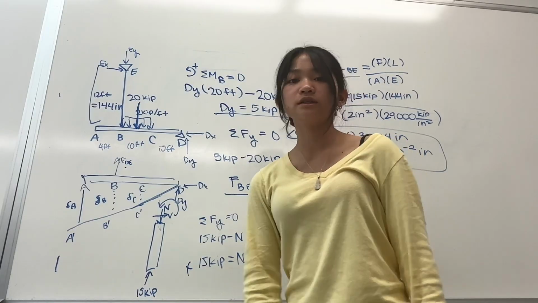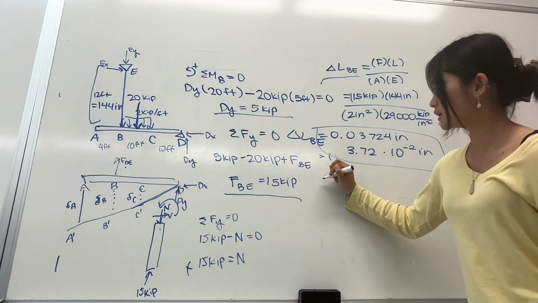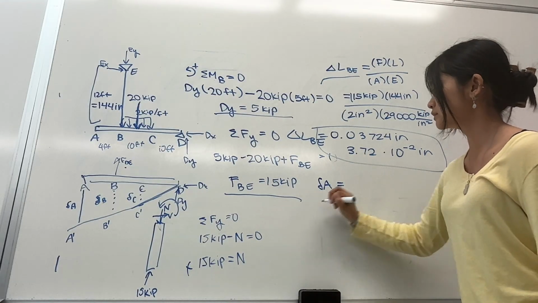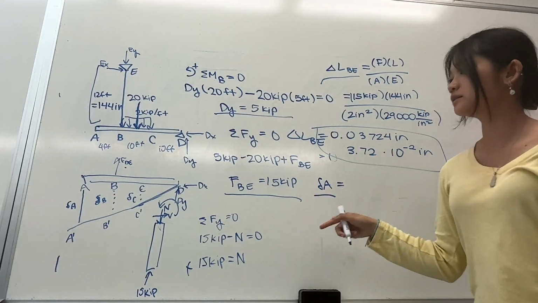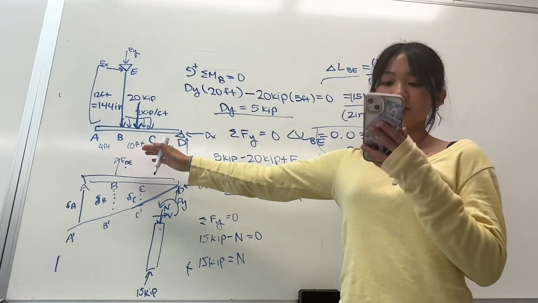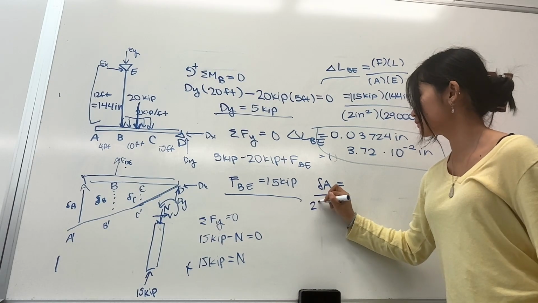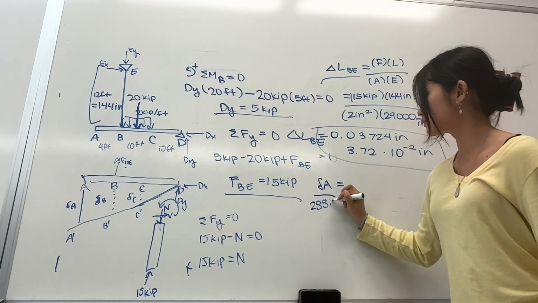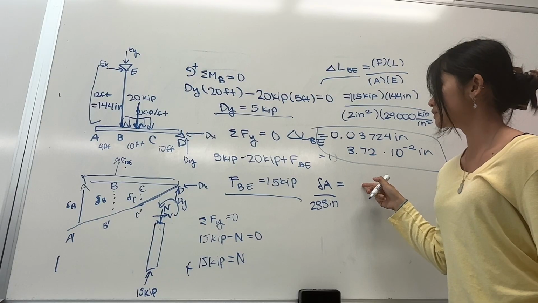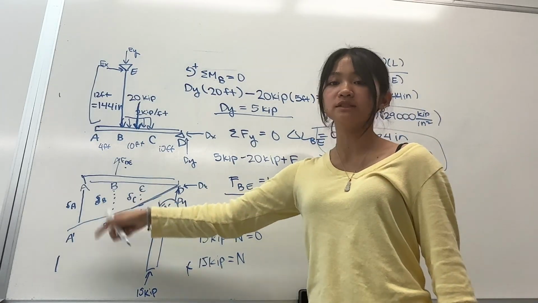So using our triangle method, we could say displacement of A over this length, which if we convert it to inches is 288 inches, is equal to the change in length, BE, or the displacement of B. It's the same thing.